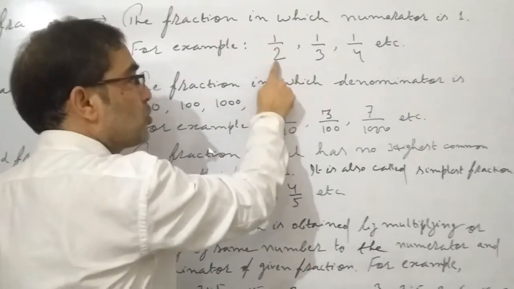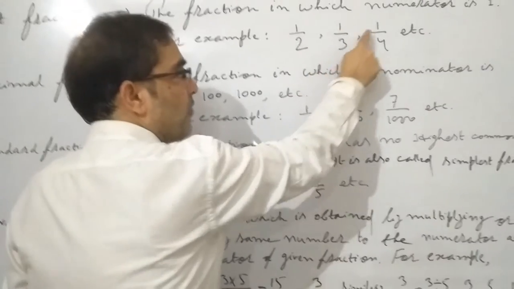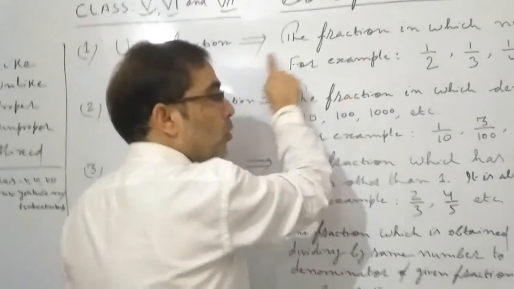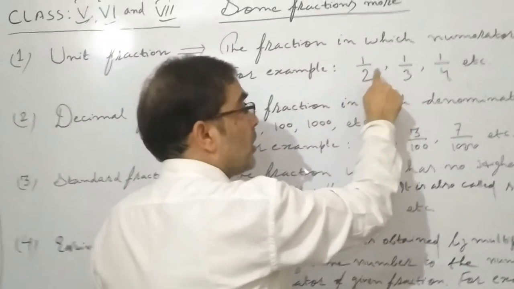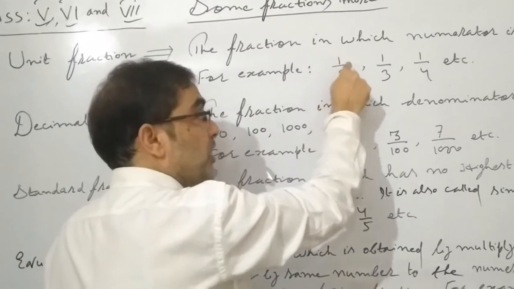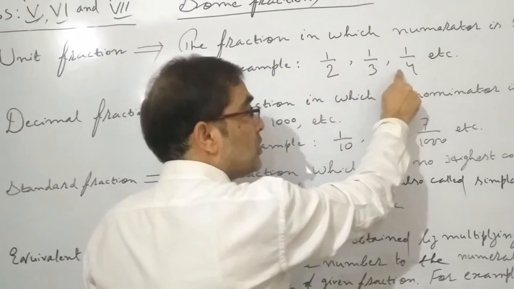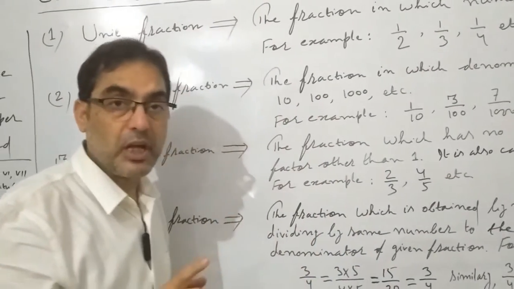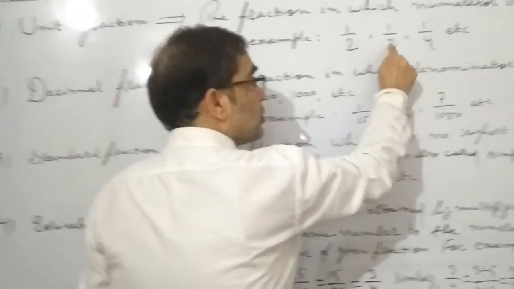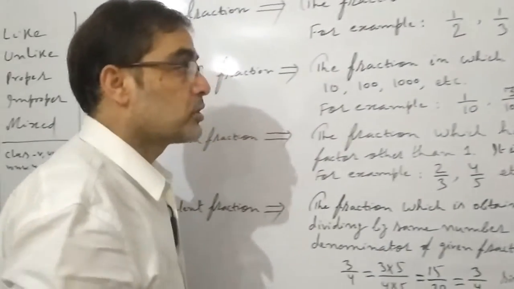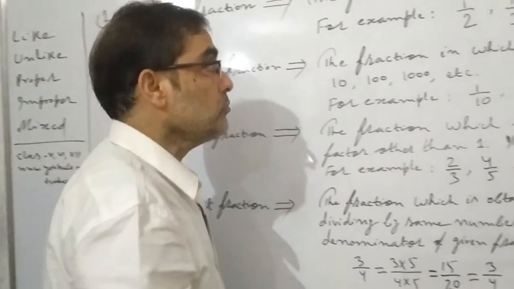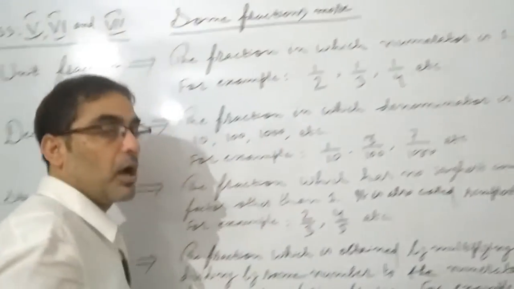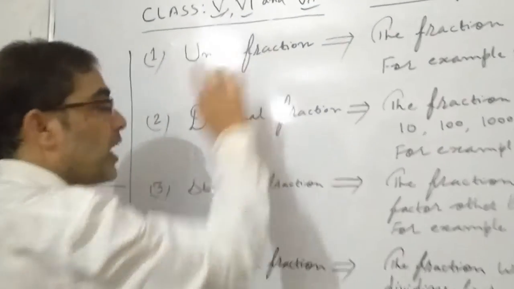Here 1 by 2, 1 by 3 and 1 by 4 are the examples of unit fraction. Why? Because the numerator of all these three fractions is 1. So 1 by 2, 1 by 3, 1 by 4, etc. are the examples of unit fraction.